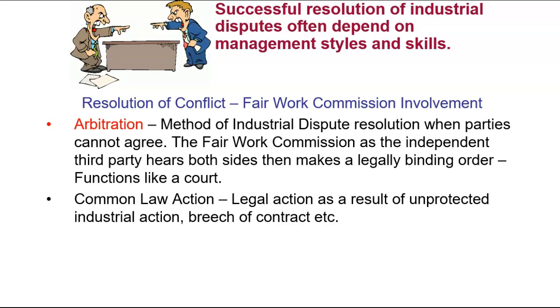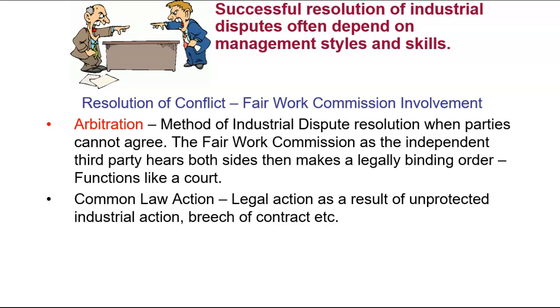And finally, for the last part in the study design for Area of Study 2 in Unit 3, we look at arbitration. Again, this is the Fair Work Commission, and arbitration is a method of industrial dispute resolution when parties can't agree. They may have been through mediation, even conciliation, and nothing has worked, so they end up at arbitration.